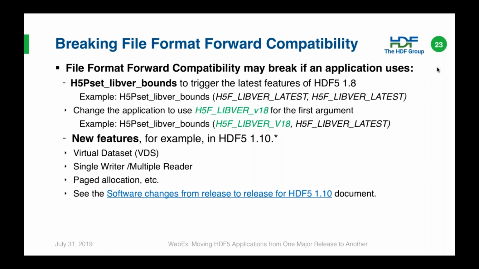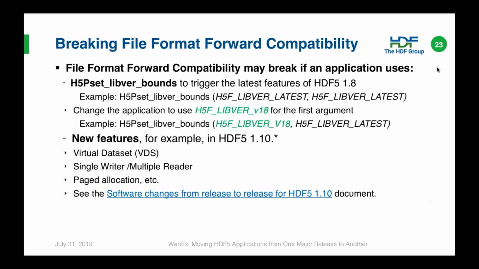That's why in 1.10.2 we finally fixed that issue, and we provided specific libver numbers that you can use as a low boundary in this API to specify exactly which version of the library is the minimum version that should be able to read this file. And another way to trigger it, of course, is to use new features.